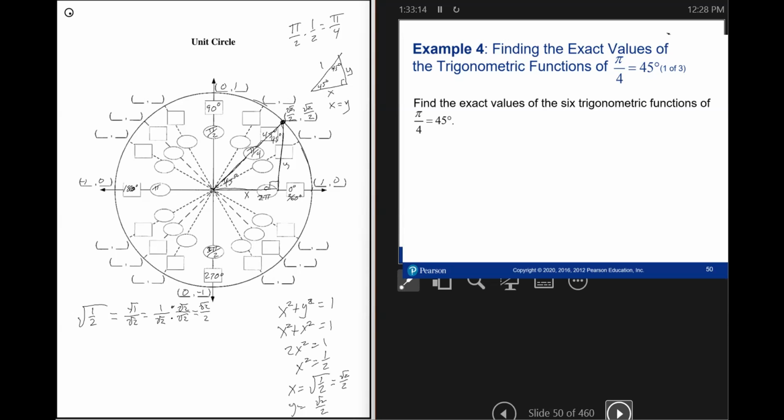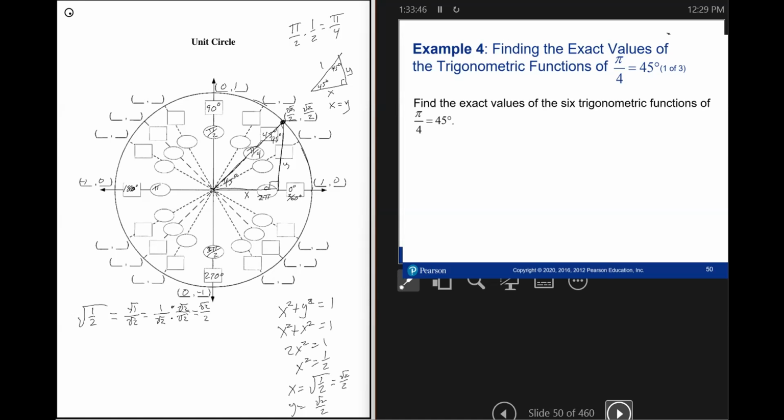And the tangent, you're going to have the same number over itself. So the tangent of 45 degrees, or pi over 4, is just 1: square root of 2 over 2 divided by the square root of 2 over 2. Cosecant and secant are going to be the same number, so I only need to find one of them, and the other one's going to be the same number.